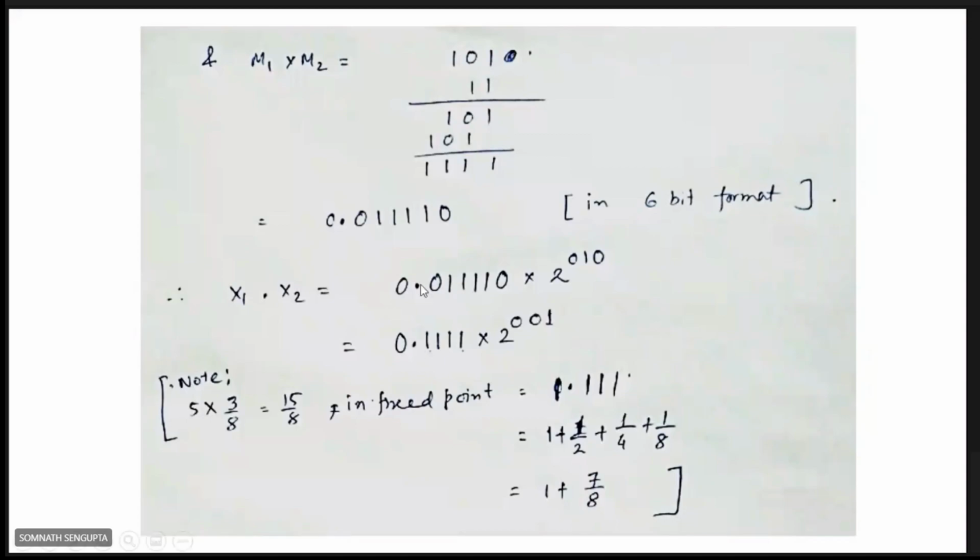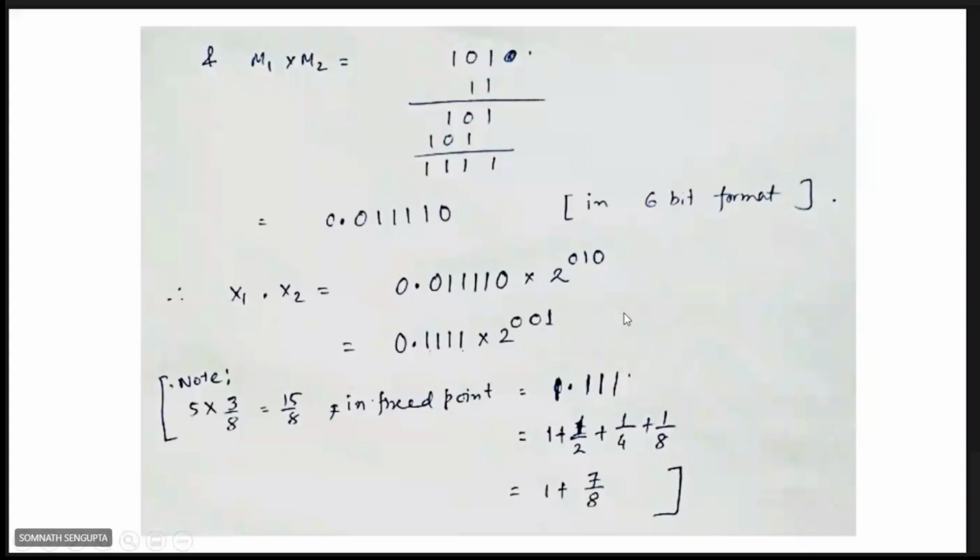We have shifted this binary point right by 1 bit, so you have to reduce the exponent by 1. In fixed point it was actually 1.111, but in floating point it is 0.111 into 2 to the power 1.